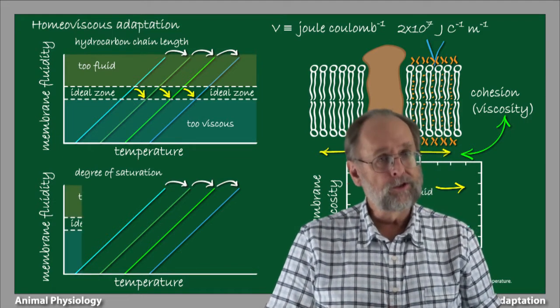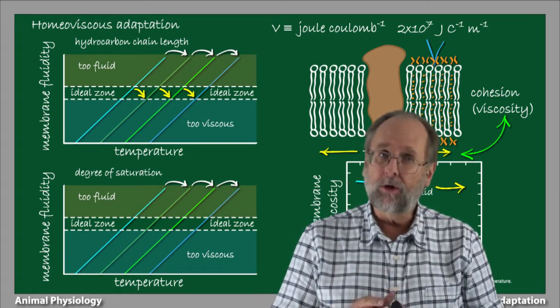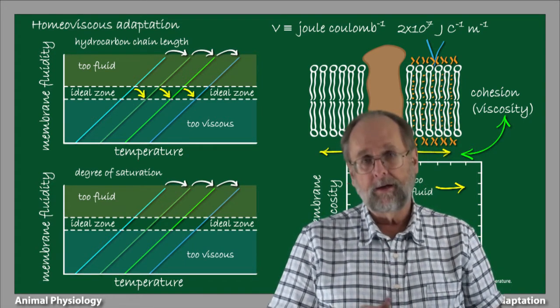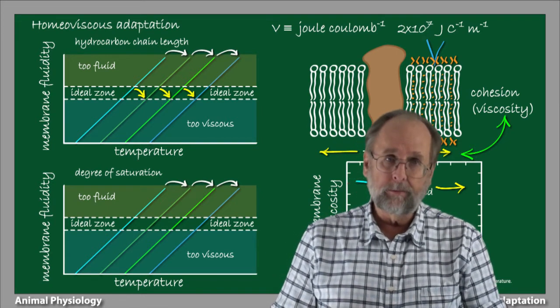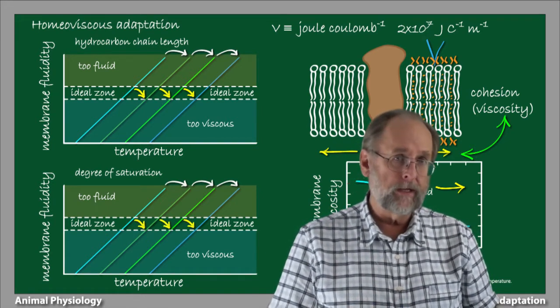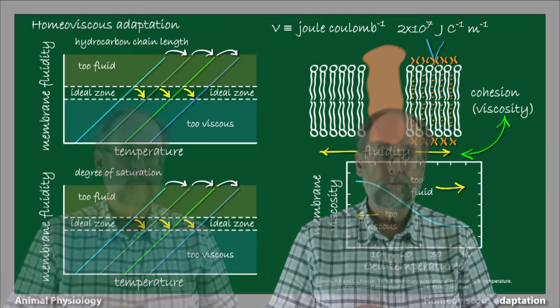Again, if cells regulate their membrane fluidities to stay within an ideal zone, as we get to higher and higher temperatures, membranes should come to be composed of phospholipids that are more and more saturated, that is, that have fewer and fewer double bonds within them.